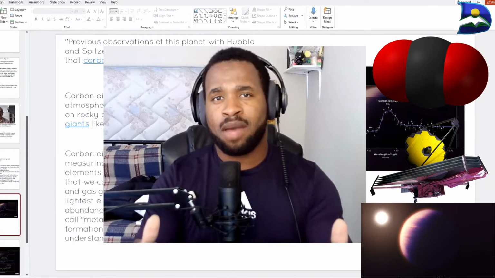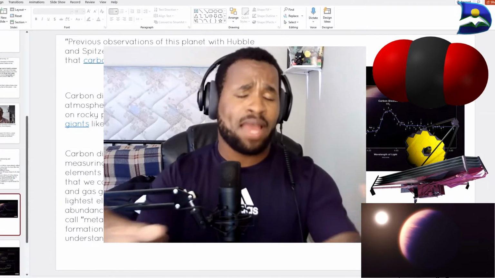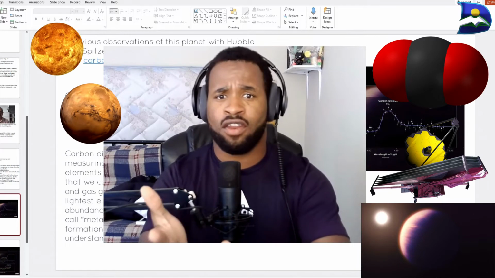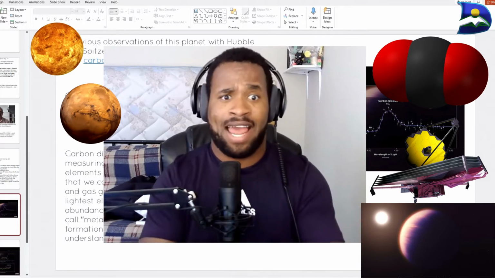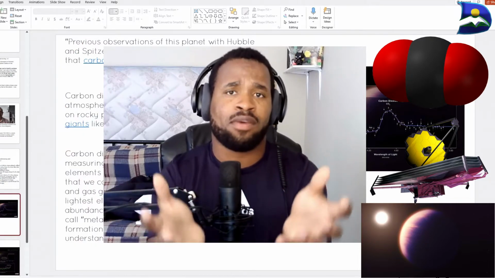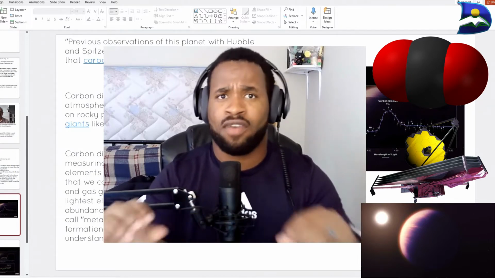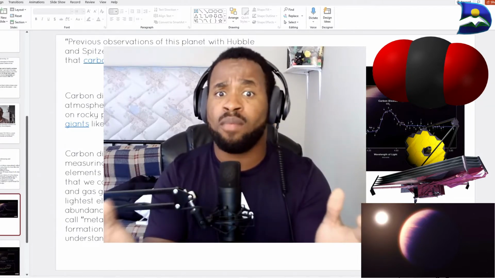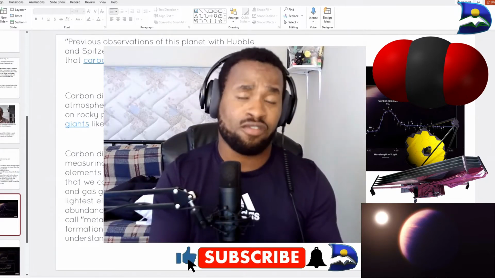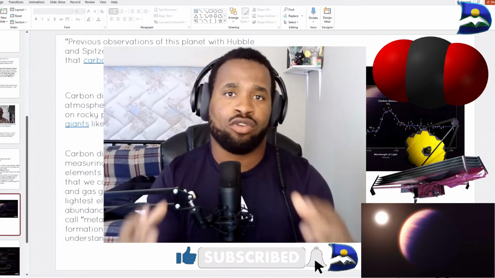Now, if you're thinking of carbon dioxide in our solar system in terms of the planets, there are other planets in our solar system that have carbon dioxide, from Mars to Venus, as well as gas giants like Jupiter and Saturn. Now, the importance of carbon dioxide with respect to any atmosphere in any of those planets all comes down to what other content the carbon dioxide can be transformed into, in terms of the build of that particular planet.